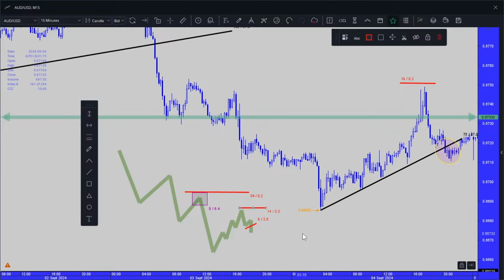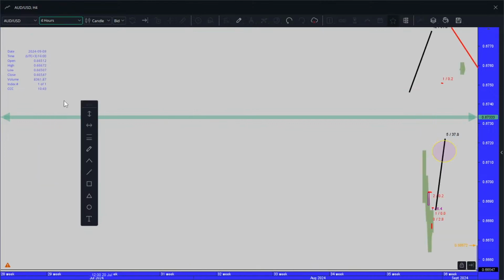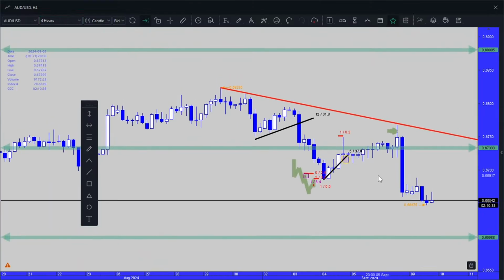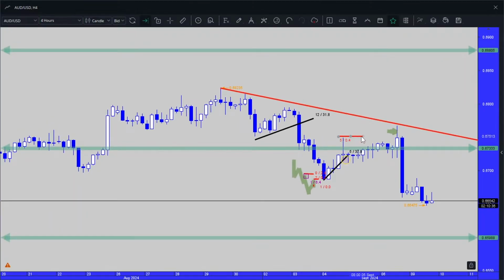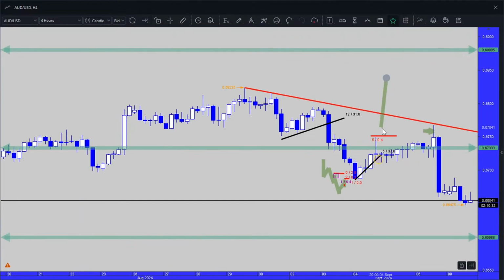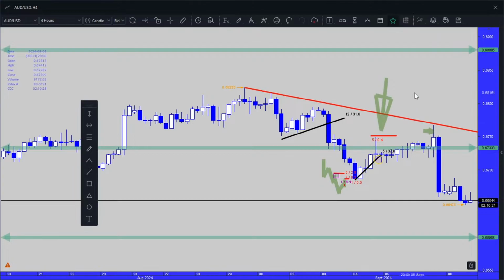Can you see it? And if I go back, this is the 15-minute chart. If I go back on the 4-hour chart, do you see where is your stop loss on the 4-hour chart? Can you see it? This is your stop loss from the 4-hour time perspective.